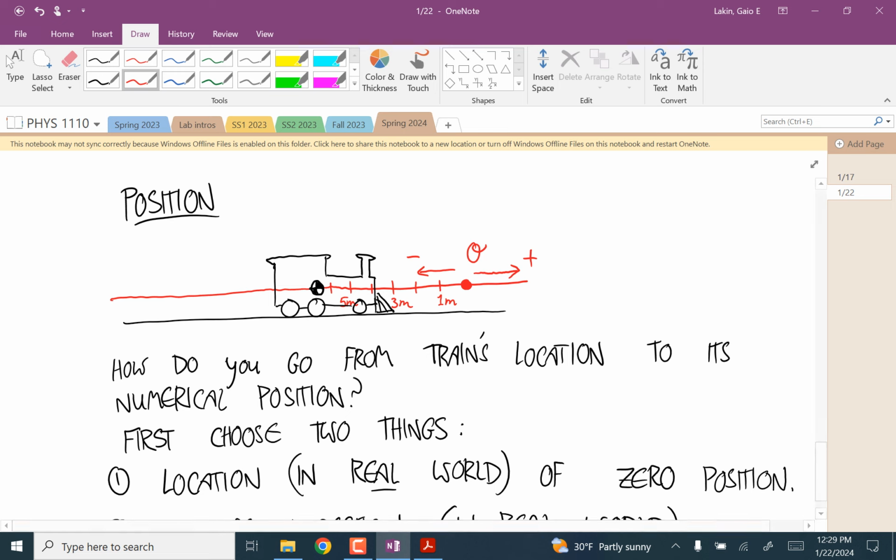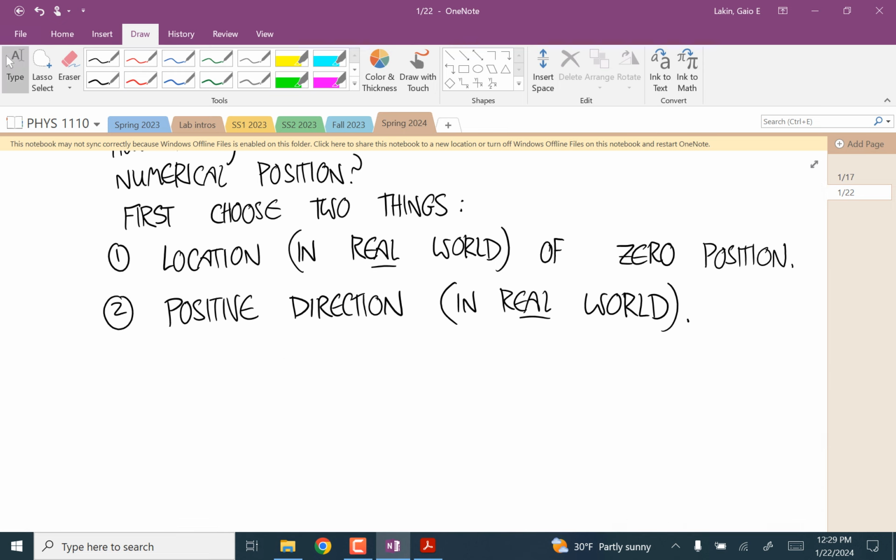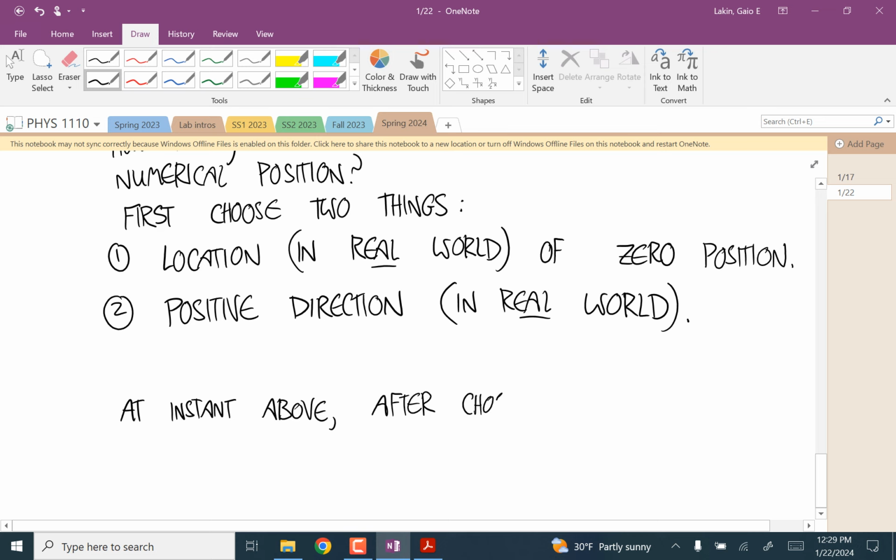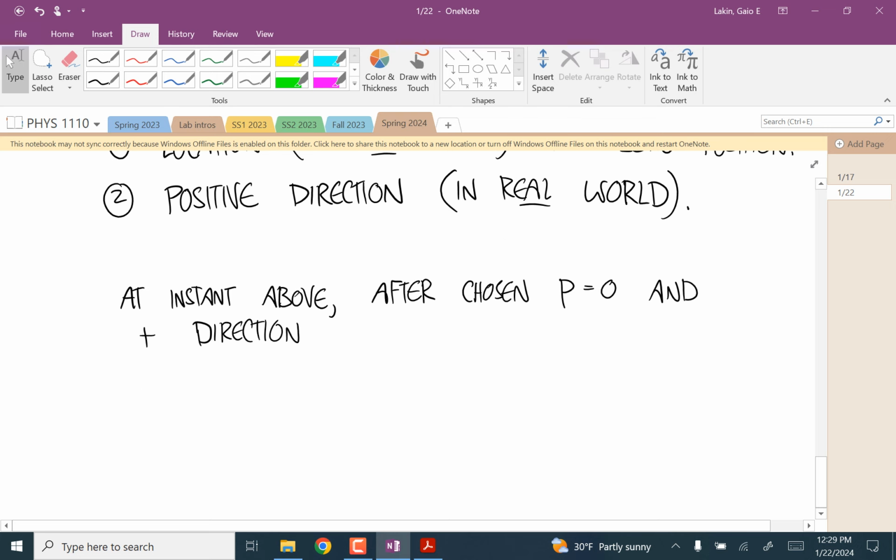So now at this instant, what's the position of that train? After we've chosen the zero position and positive direction, the position of the train then is equal to negative 6.5 meters.